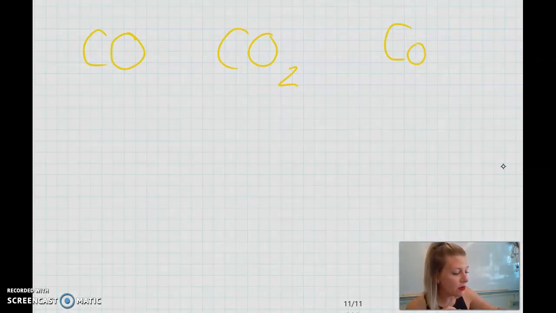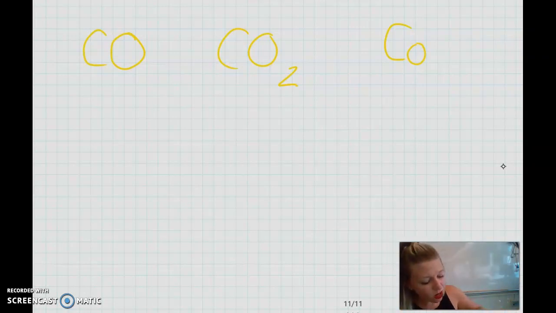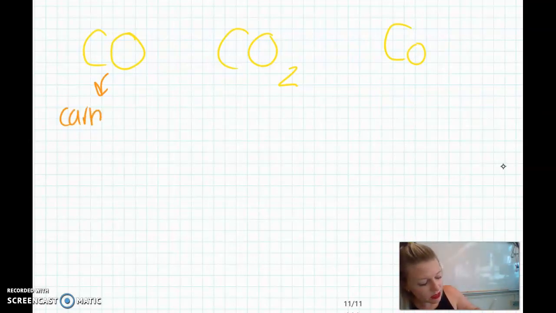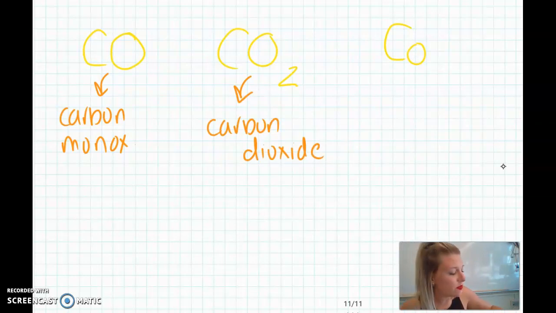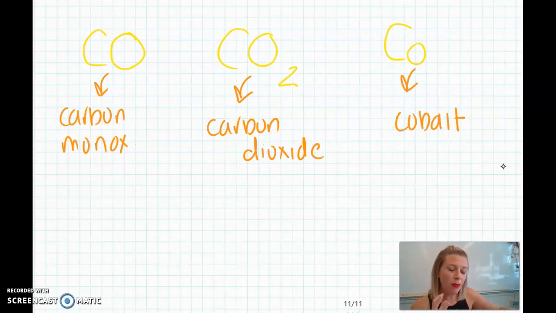Now, I want to point out here that these all contain the same letters, but they're very different. Our first one is carbon monoxide. We have carbon dioxide. And then we have the element cobalt. What I want to point out here is notice how carbon monoxide and carbon dioxide both contain two capital letters.